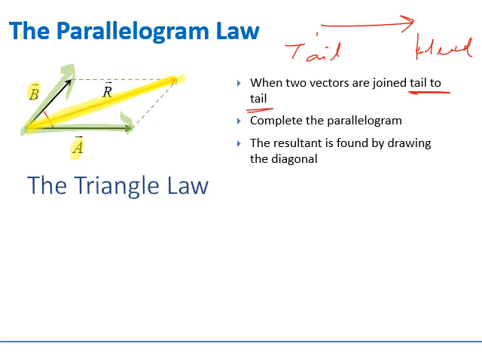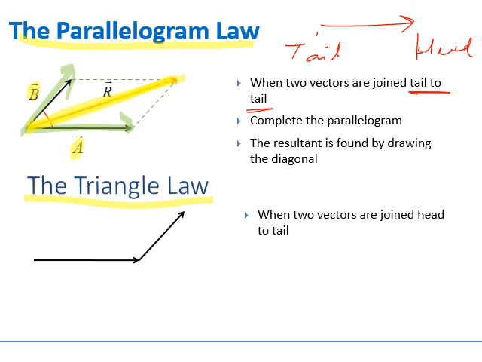So we did the parallelogram law, and next is the triangle law. When we apply the triangle law, the two vectors are joined head to tail to each other. Now see, the difference between these two laws is that in this case the vectors are joined head to tail. So head of one and then tail of the second one.